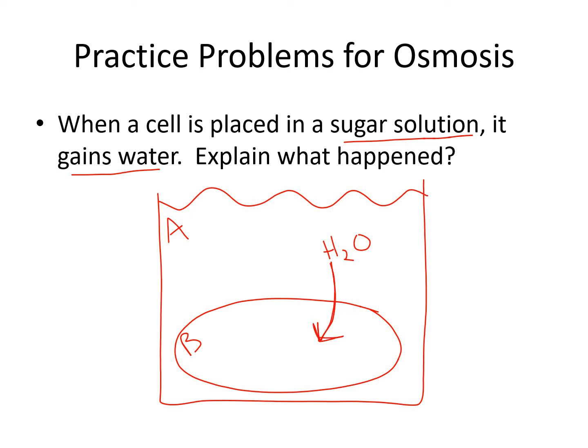So that must mean that the two solutions, solution A and B, are not isotonic. Because if they were isotonic, you would not have a net gain of water, which is what this situation tells you is happening. So since those two solutions cannot be isotonic to each other, one must be hypertonic and one must be hypotonic. So all you can determine is which solution is which.